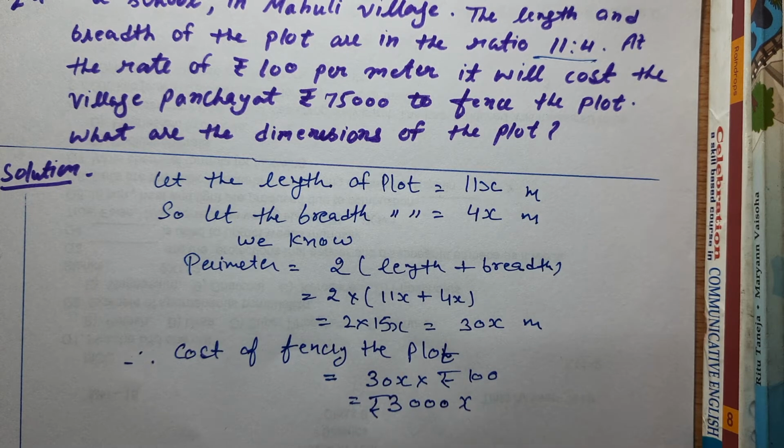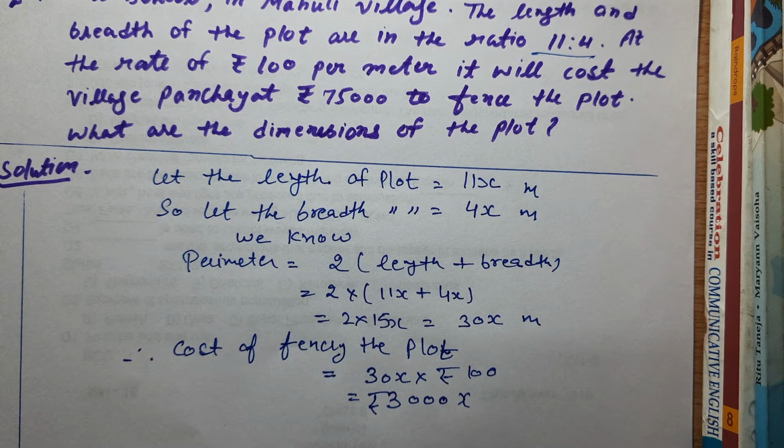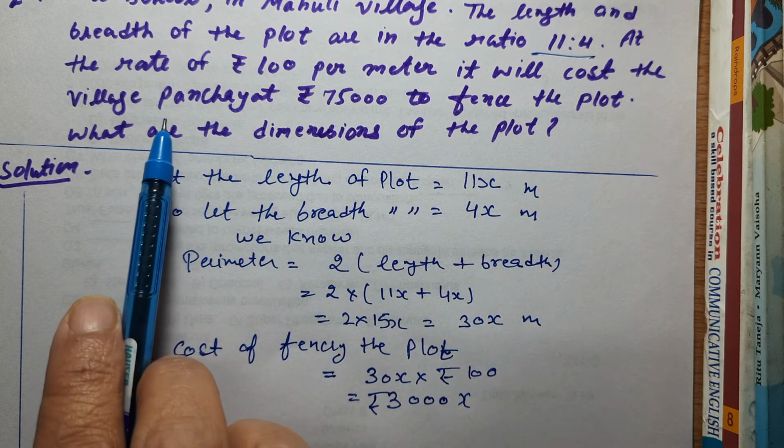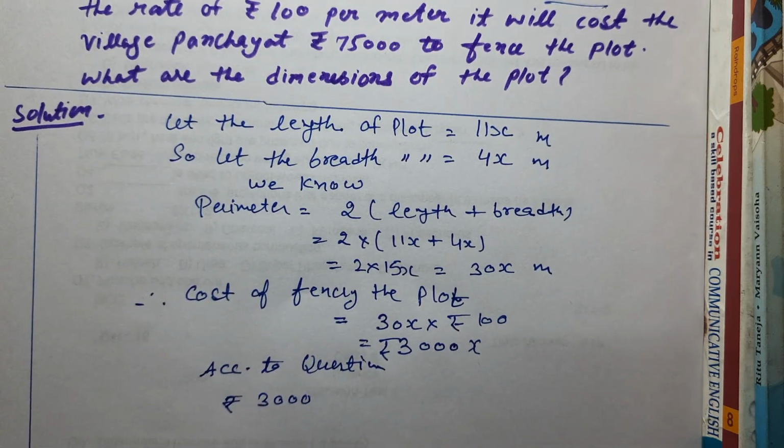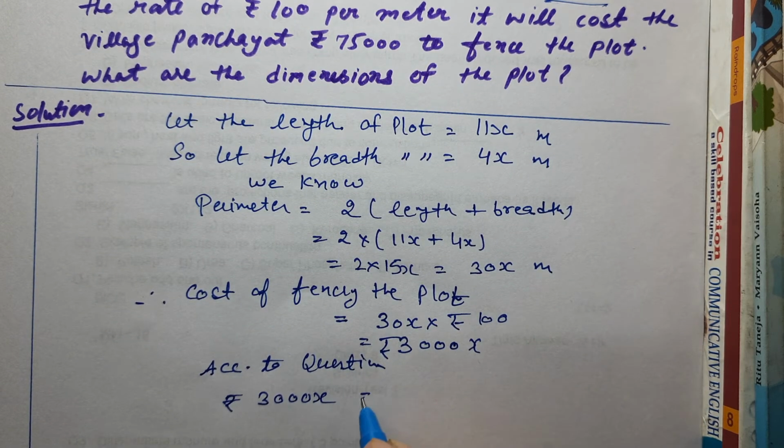Now it says it will cost the village panchayat rupees 75,000. So what will we do? According to the question, total cost is rupees 3000x. It will cost rupees 75,000, and we need to find the value of x.